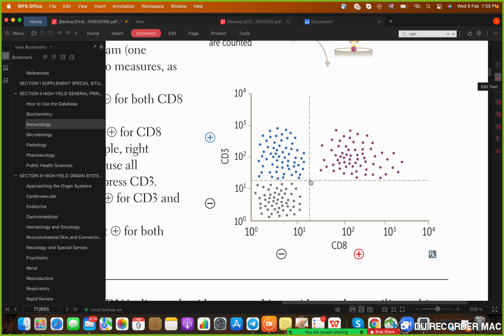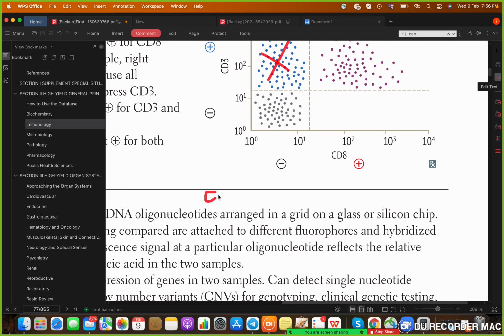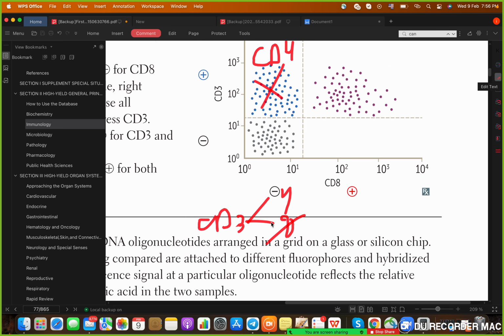What about this cell here? Well, this one is CD3 positive, but it's not CD8 positive. So it's actually a CD4 cell. Why? Because we know that the CD3 cells are either CD4 or CD8 cells, right? So if it's for sure not CD8, it's going to be a CD4.